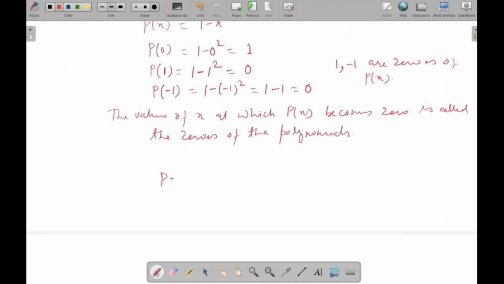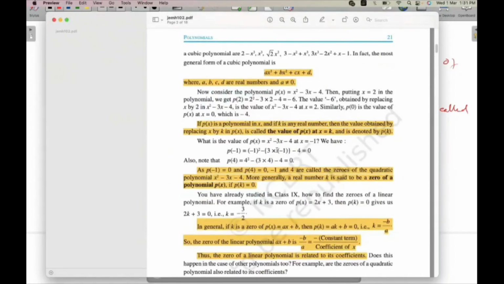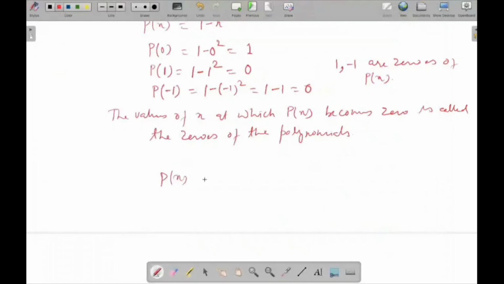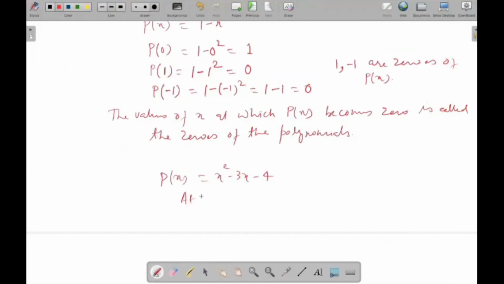So for example, let's take an example from the book itself. An expression like p(x) equals x square minus 3x minus 4, and I'm asked to find the value of this at x equals minus 1. At x equals minus 1, what will be the value of the polynomial p(x)? Again, wherever x is there, I will put minus 1.